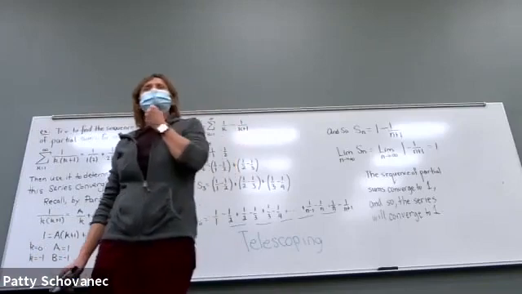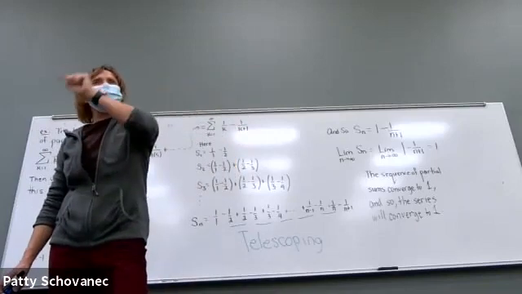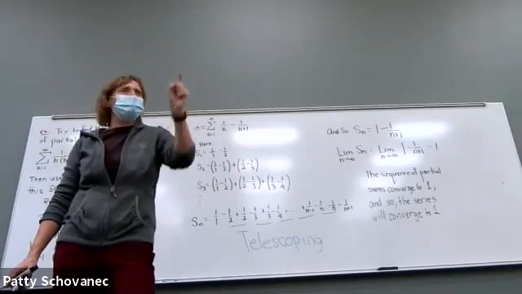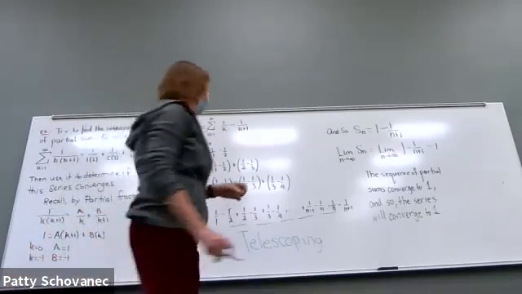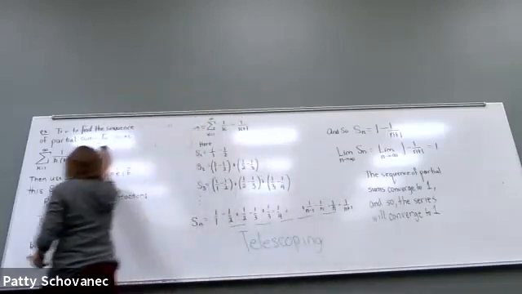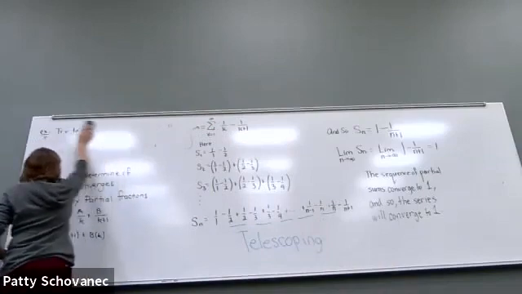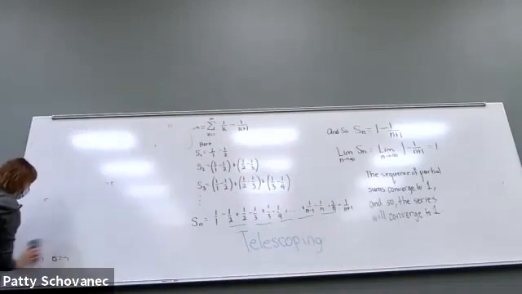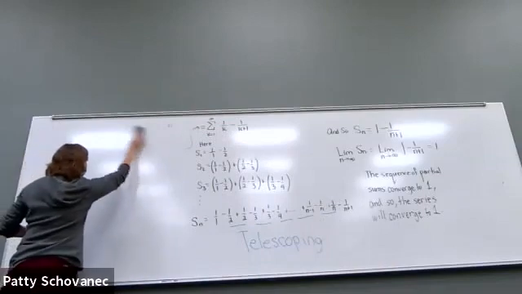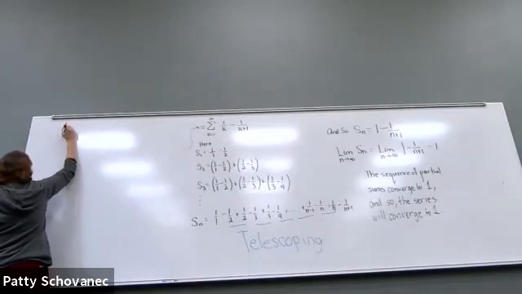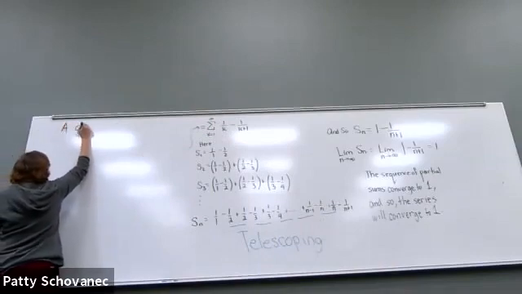A geometric series is a series obtained by taking the previous term and multiplying it by a fixed number to get to the next term.